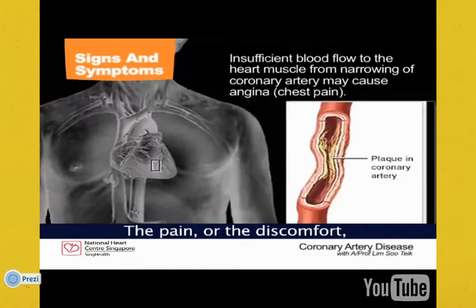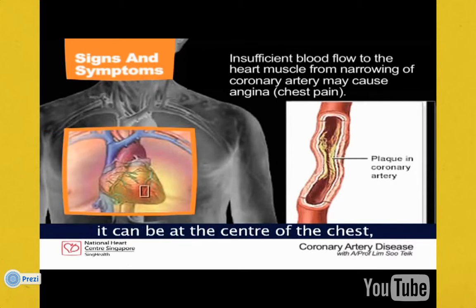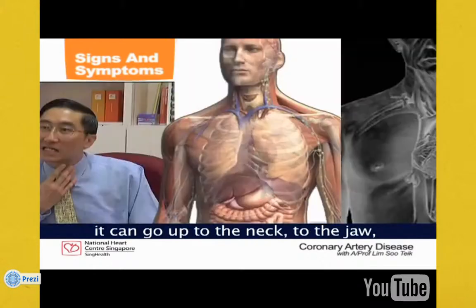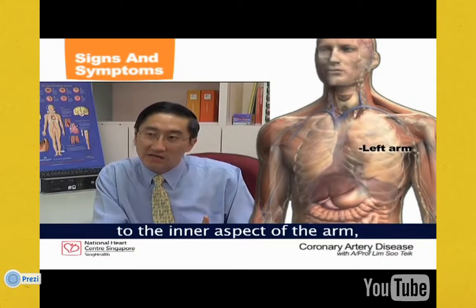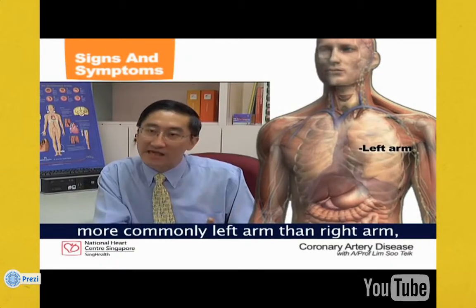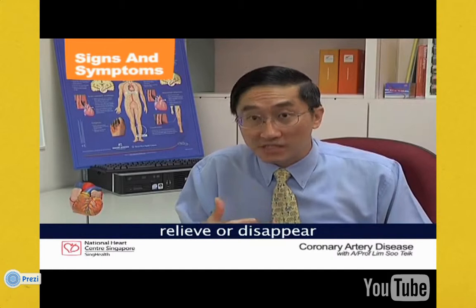The pain or the discomfort is most commonly felt over the chest, can be at the center of the chest, left side of the chest. It can go up to the neck, to the jaw, to the shoulder, to the inner aspect of arm, more commonly left arm than the right arm. And with rest, the symptoms relieve or disappear.